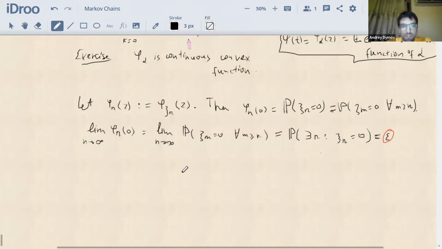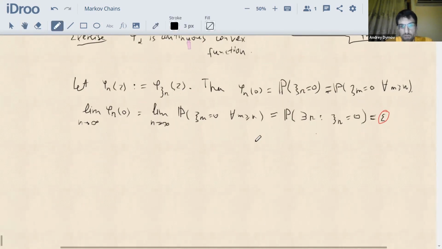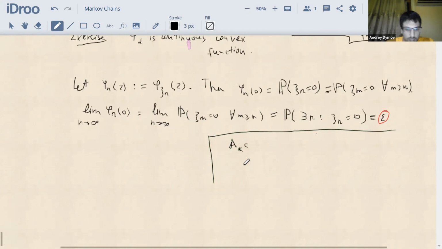Look, this is called the continuity of probability. If you have already taken the course of probability, then you should know it. Otherwise, let me explain now. Let us consider a sequence of events where each previous event is contained in the next event.